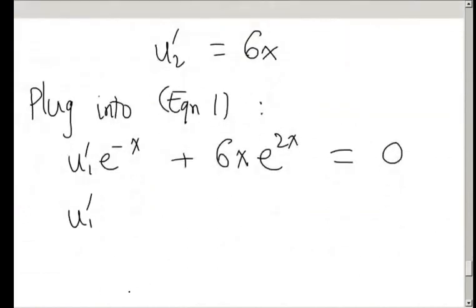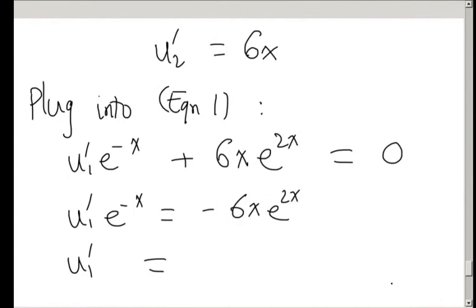So then u1 prime e to the negative x equals minus 6x e to the 2x. Multiply both sides by e to the x, then we get u1 prime equals minus 6x e to the 3x. This is u1 prime.